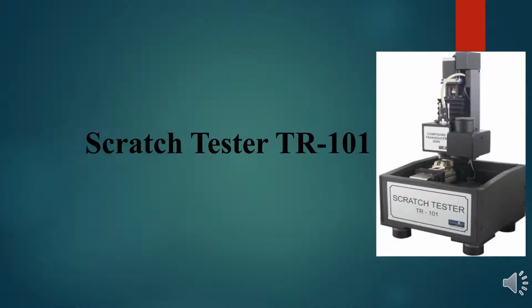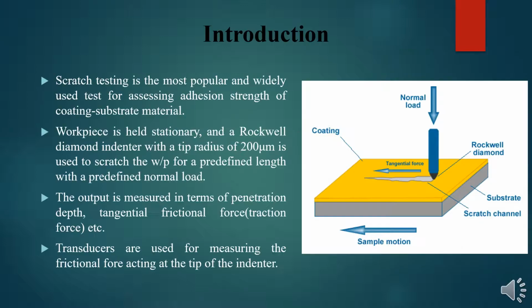The second part of our experiment is the crash tester TH101. In this part, I'm going to give a description of the purpose of crash testing and its operating procedure. Crash testing is the most popular and widely used test for assessing the adhesion strength of coating substrate material.